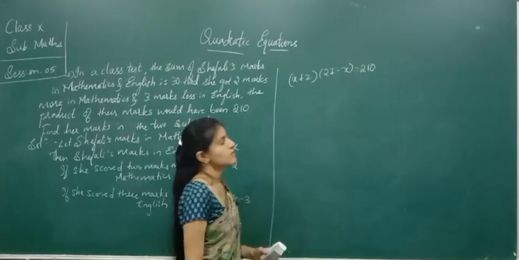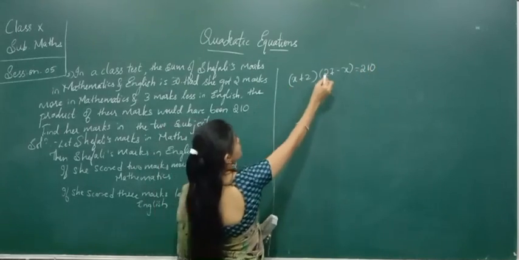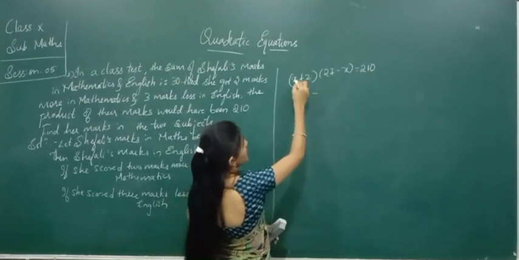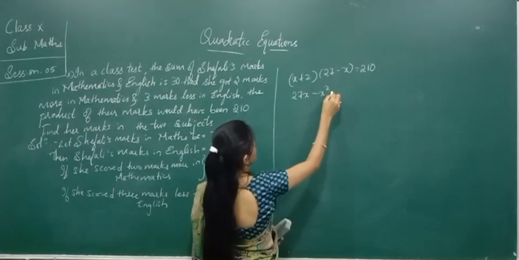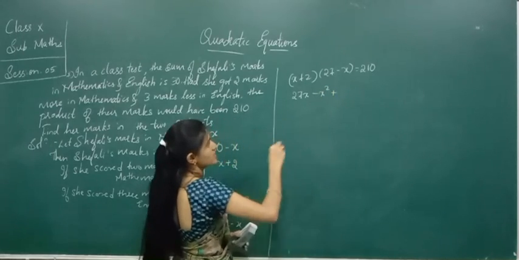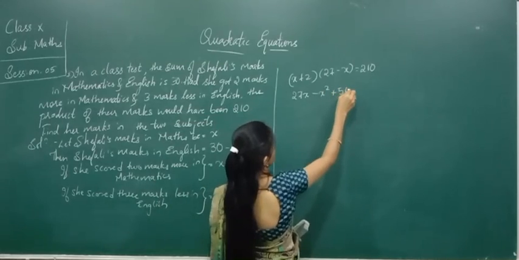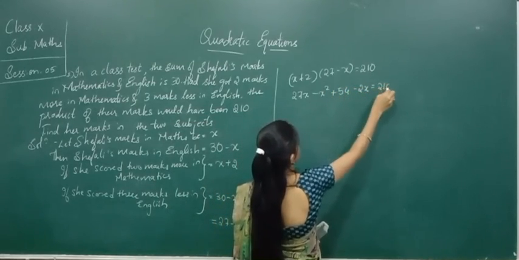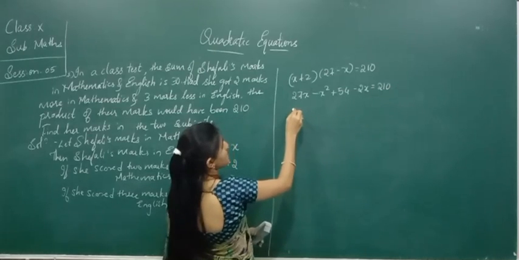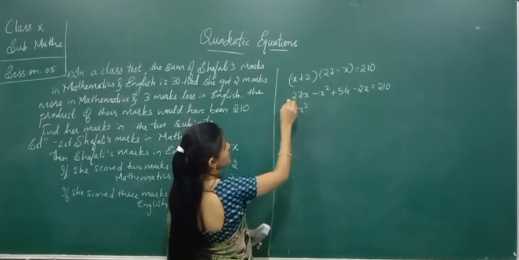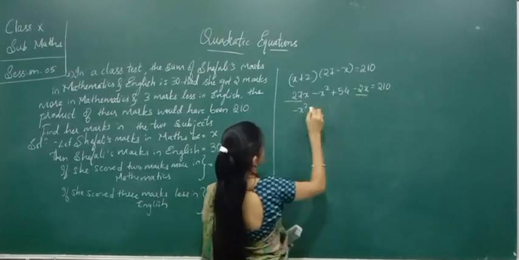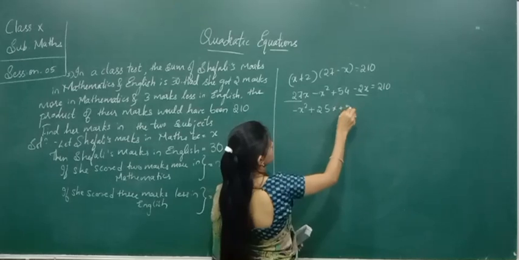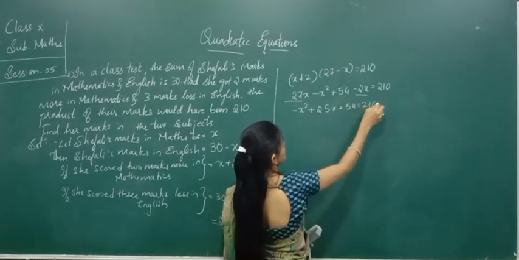Now start simplifying. x into 27 is 27x, minus x into x is x square, plus 27 twos are 54, minus 2x, equal to 210. Then I have minus x square plus 27x minus 2x, that is 25x, plus 54 is equal to 210.